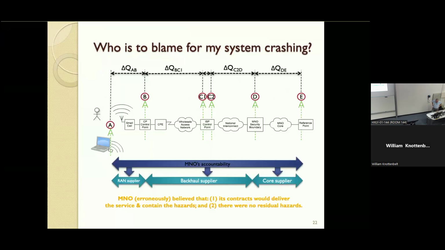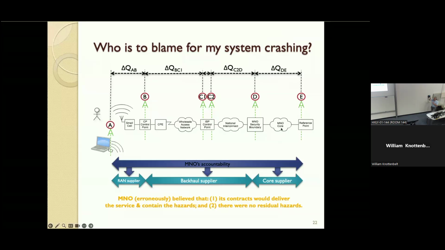So here is the block diagram of the system. So on the left, I hope you can see it, you have the user here at point A, you have a small cell, a CP control point, you have the control point connecting to a wholesale access network, then you have the ICPE control point, then you have the national interconnect, and then the MNO core.